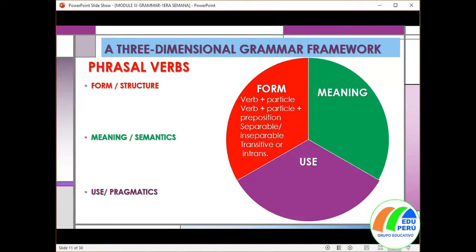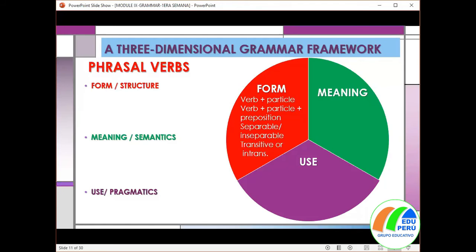But notice, get along is to obtain, to arrive. When you add up, you change the meaning of this verb. So we call this a phrasal verb.